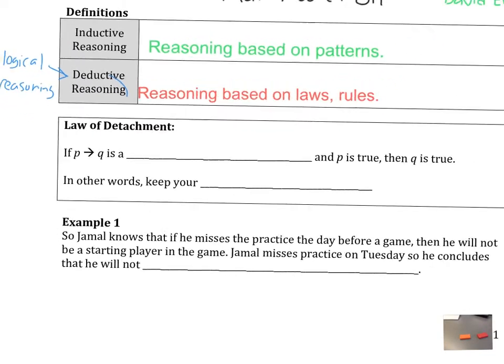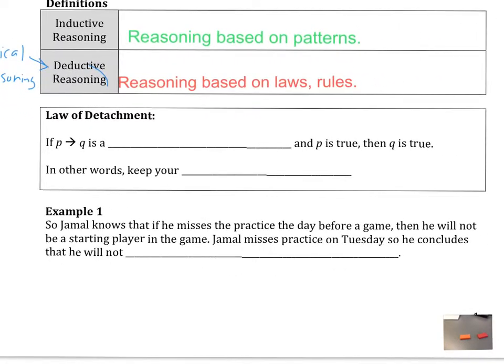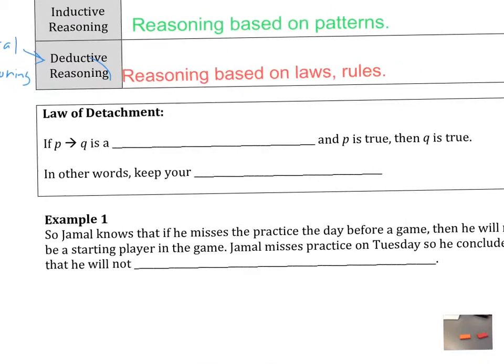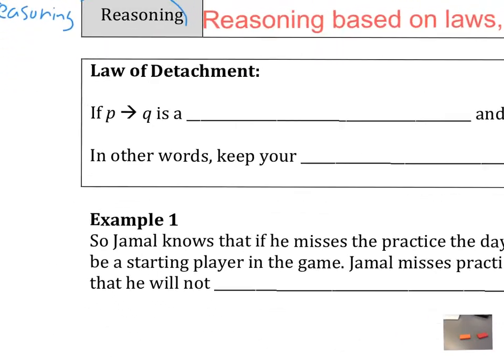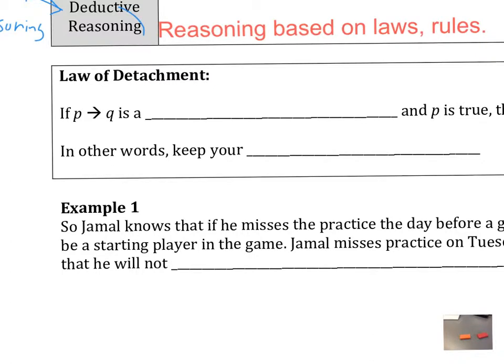All right. First things first. So the law of detachment is this. Notice, ironically, kind of like Inception, where it's a dream within a dream, this is an if-then statement with an if-then statement inside of it. So here's what the law of detachment says.